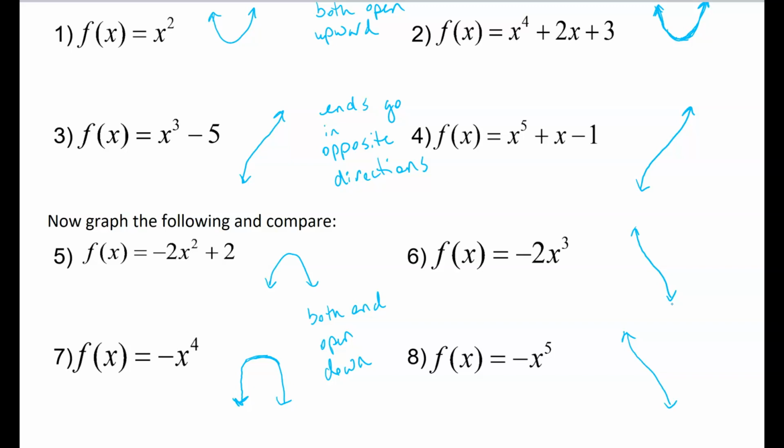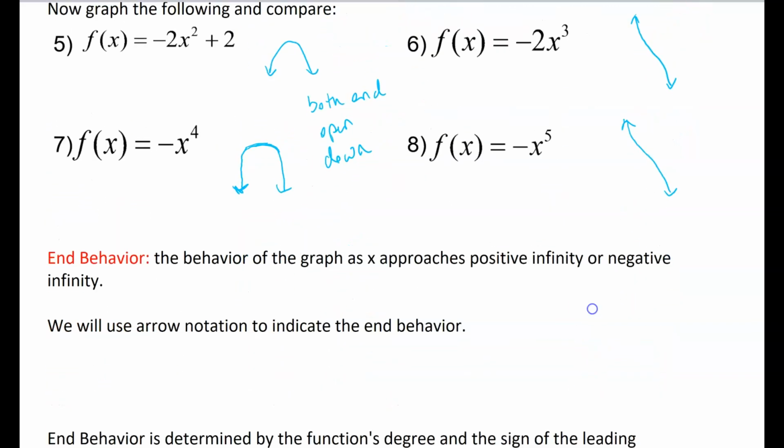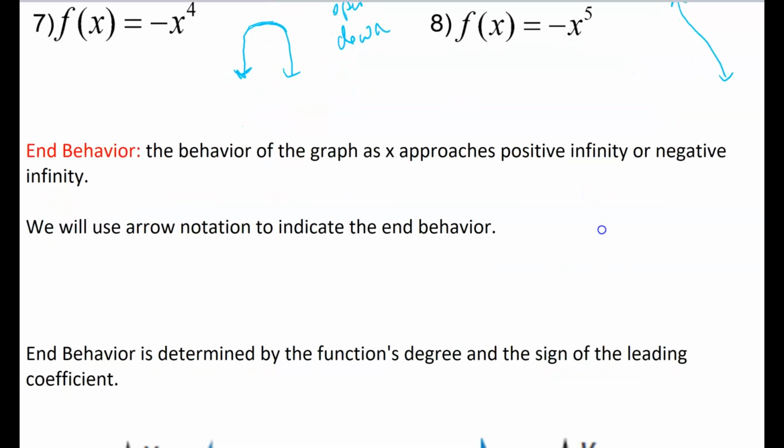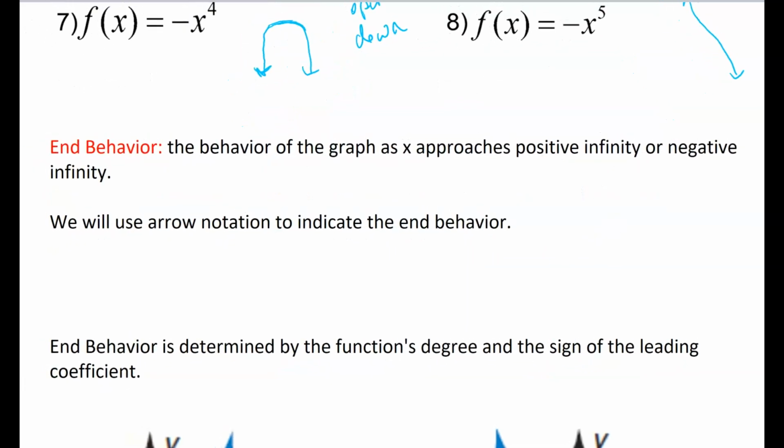Okay, so again, there is some behavior happening close to 0, but it's the leading coefficient and the degree of the polynomial that determine the tails, or what we call the end behavior. This is the big part that we are interested in.